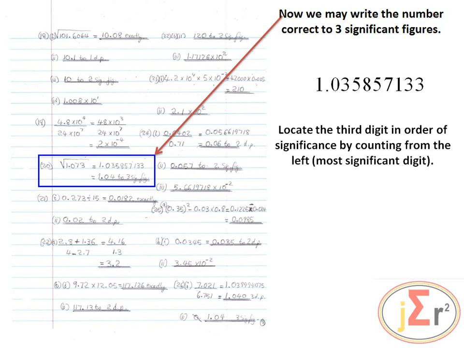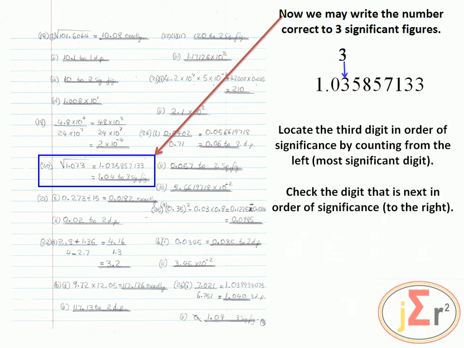Locate the third digit in order of significance by counting from the left, which is where we will find the most significant digit. Start at the most significant digit and count 3. 1, 2, 3. Check the digit that is next in order of significance, the one to the immediate right.